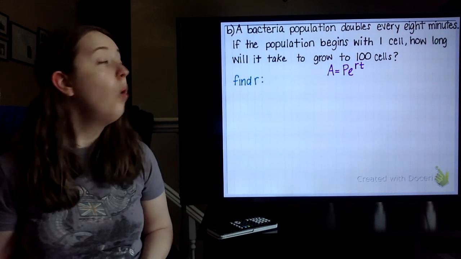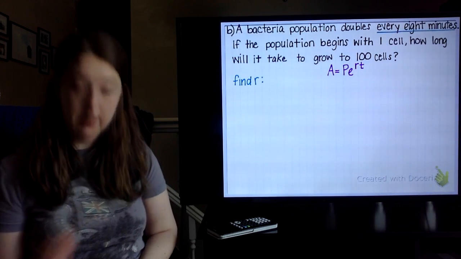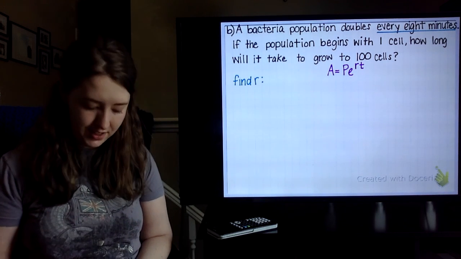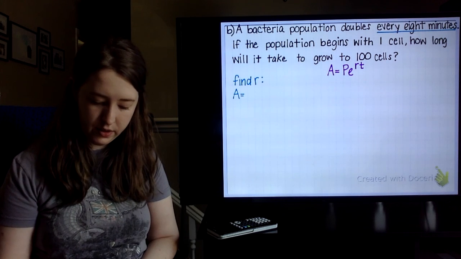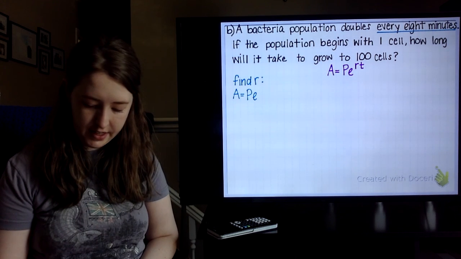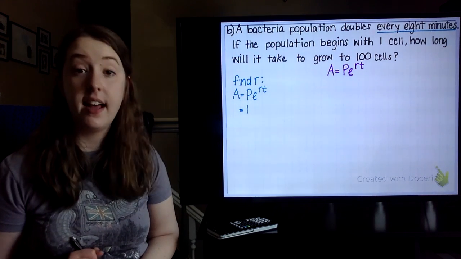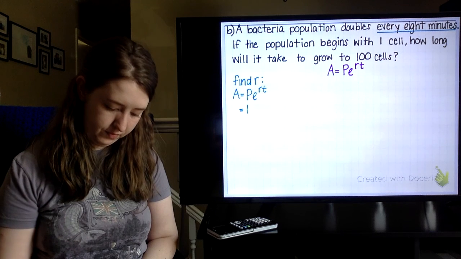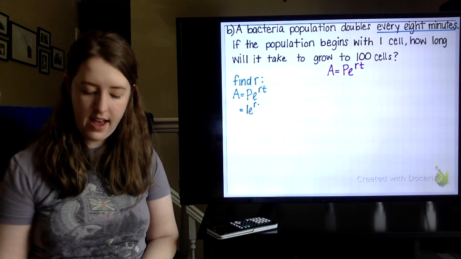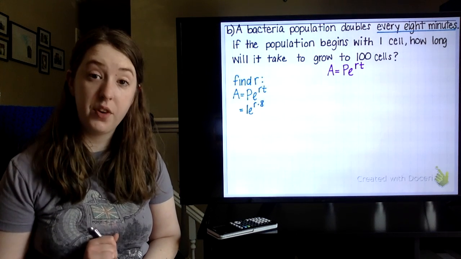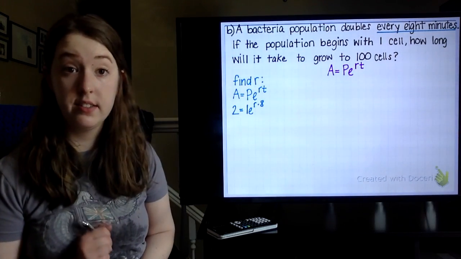I'm going to plug things into A equals P e to the rt. If I begin with one cell, after 8 minutes for my time, I'm going to double, so then I'd have 2 cells.